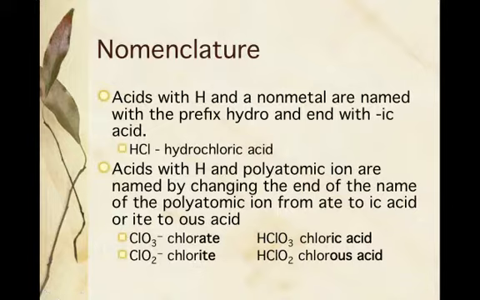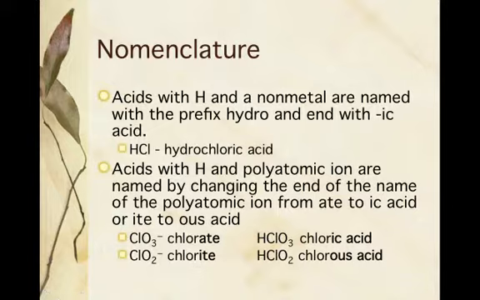And when you look up the polyatomic ion, if there's already a prefix like perchlorate, you just leave that prefix alone. You keep it, so it would be perchloric acid. So ATE to IC, ITE to OUS. This table just shows a lot of the different acids from their anion here.